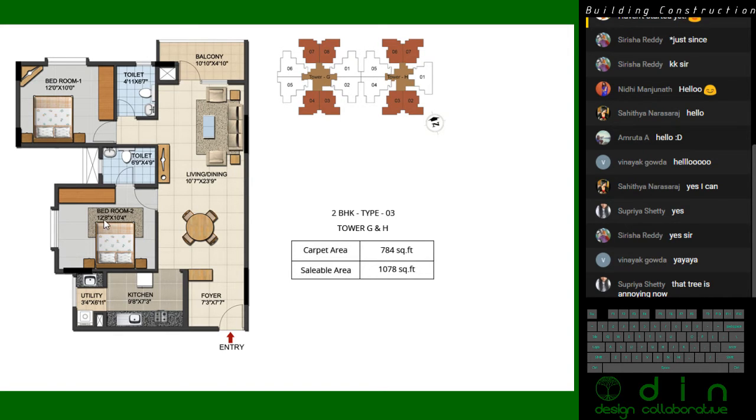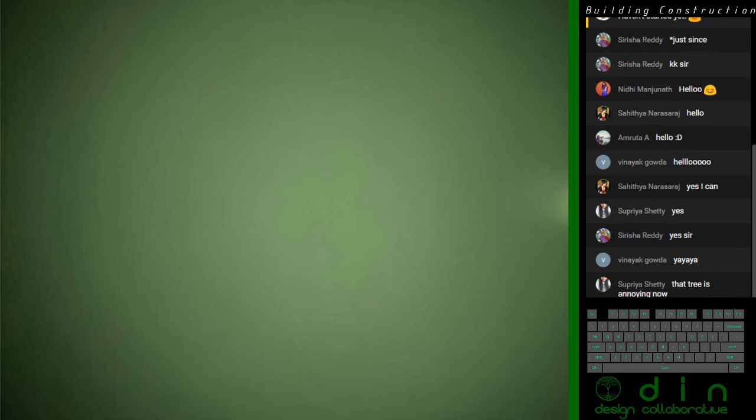It is about 12 feet 8 inches by 10 feet 4 inches. With this particular plan, let's try working this out. I have a few extra things that we can do here, like draw. So let's draw this plan out.